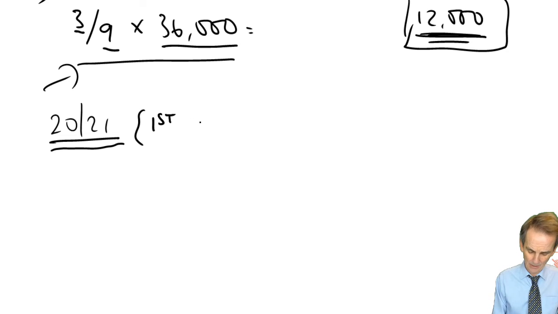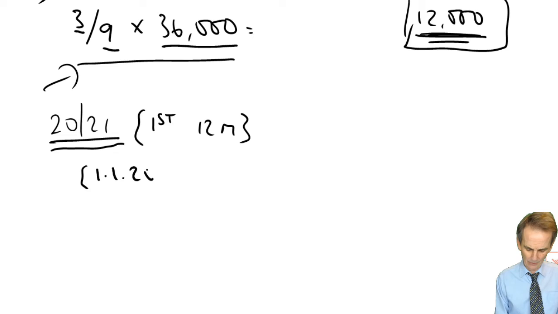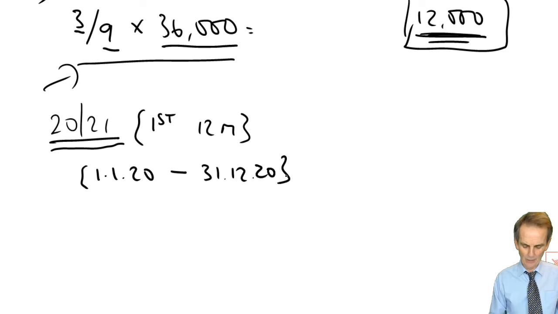Basis of assessment is the profits of the first 12 months. What would that be as a basis period? We started on the 1st of January 20, and therefore a date 12 months later would be the 31st of December 2020. There is your first 12 months basis period.